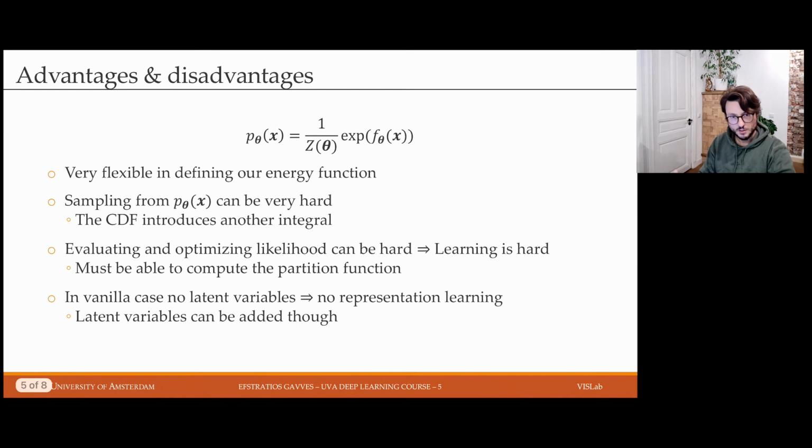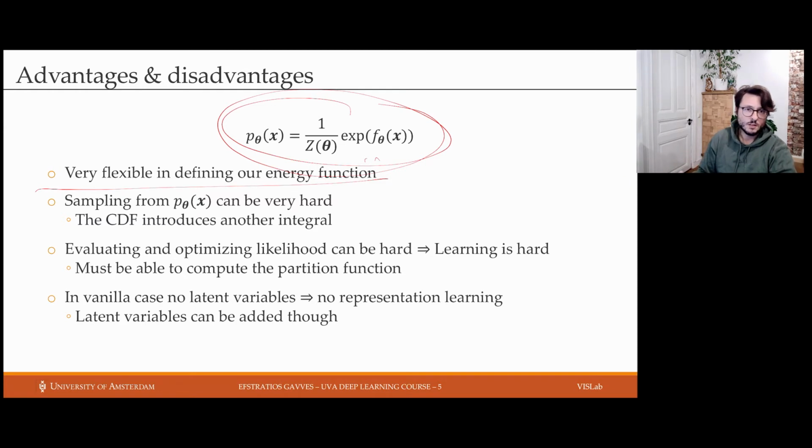So what are the advantages and disadvantages of energy-based models, of defining our neural network to return that kind of probabilities? The very good advantage is that it's very flexible in the definition, so we can basically define any type of distribution. Non-negativity and summing up to 1 is ensured like that. However, sampling can be very hard.